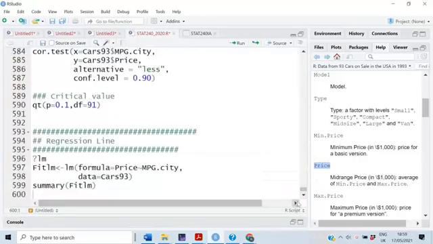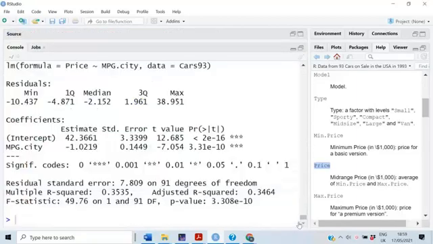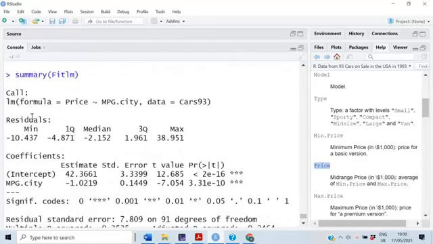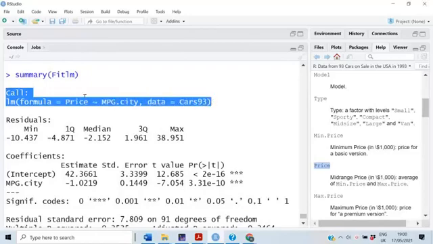So you see, when we do this and we call summary, it first gives us the formula, the call to the function LM: price on miles per gallon in the city. The data is Cars93.